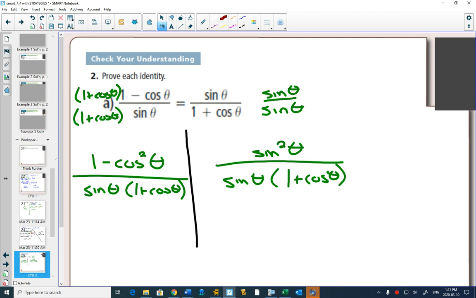So in the build the other side strategy, you're making something the same. Maybe you make the numerators the same, maybe you make the denominators the same. It doesn't really matter, because once you've made something the same, maybe there's a hint to make the other part the same. My denominators are now the same. Is there a way that I can change my numerators on one side or the other to make it match?